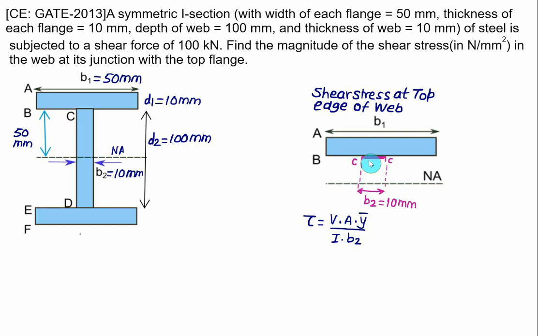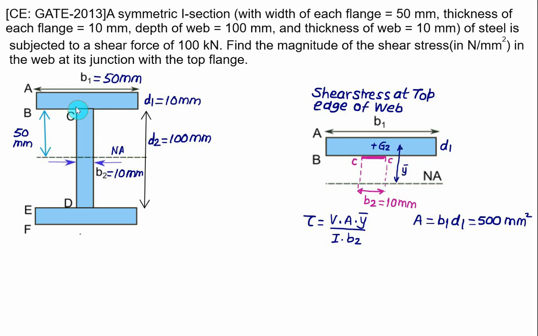Now for this section, you have to take the area as B1 multiplied by D1. So in this case, we have area equal to B1 multiplied by D1. We have width equal to 50 and depth equal to 10, that is equal to 500 mm square. Then you have to locate the centroid of this section G2, which is D1 by 2, and you have to measure this height from the neutral axis.